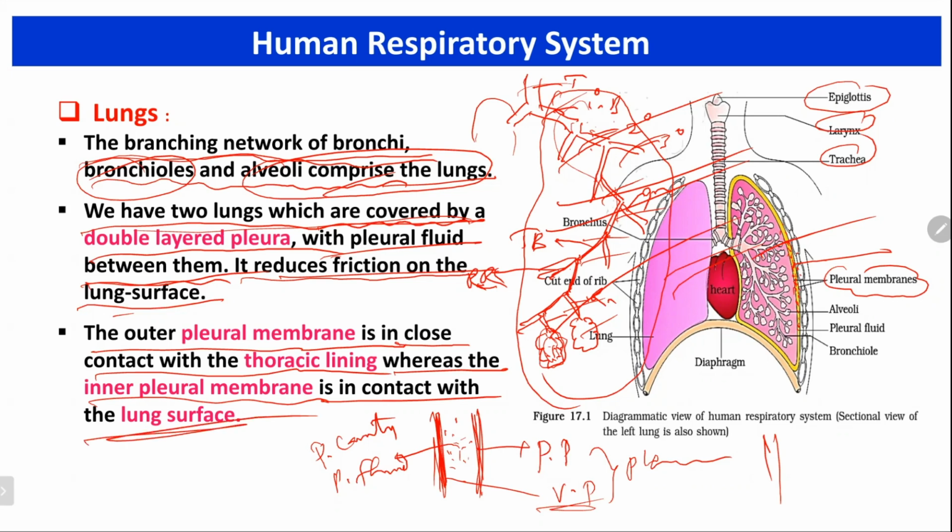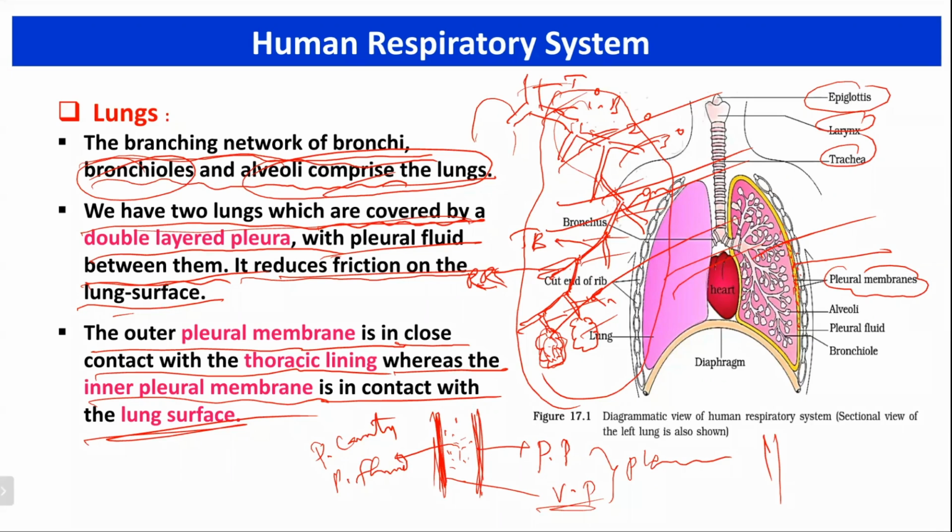So very simple it is. On lung surface you can find visceral pleura. Internally the thoracic cavity is lined by parietal pleura, right? And in between these two pleura, there is a space called pleural cavity, which is filled with pleural fluid, and that pleural fluid reduces friction, most important, on lung surface.